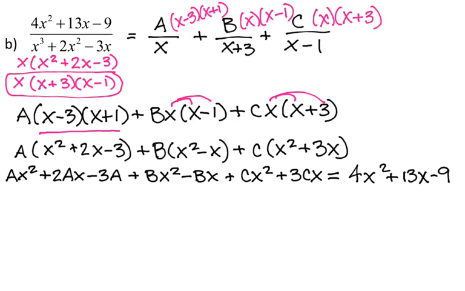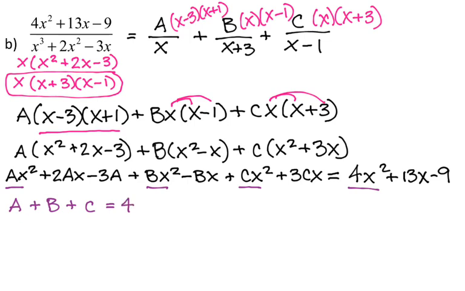Okay. Now, it looks like a lot, and it is a lot. We got a bunch of terms, but now we're in the home stretch. I'm going to look for my like terms. I'm going to start by looking for my x squares. So I have Ax squared, Bx squared, Cx squared, and that is supposed to equal 4x squared. So that's my first equation. So A plus B plus C equals 4.